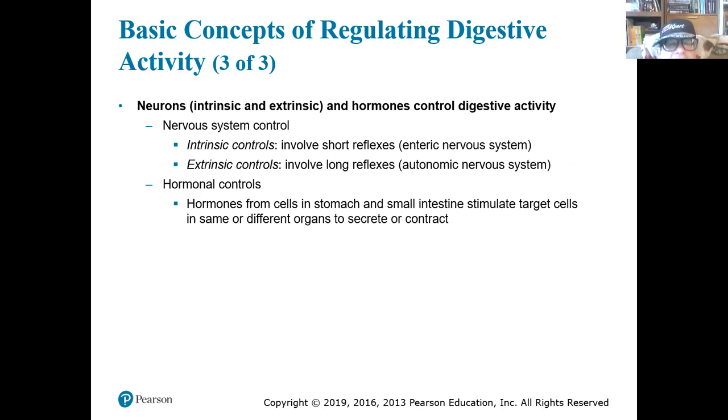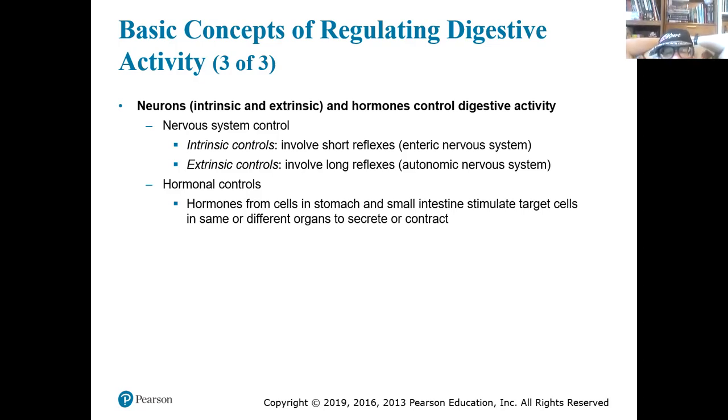So intrinsic neurons, extrinsic neurons, and hormones all control digestive activity. We have intrinsic controls that are short, a short reflex from one organ to another with the nervous system. Extrinsic controls come from elsewhere in the body, probably the central nervous system.